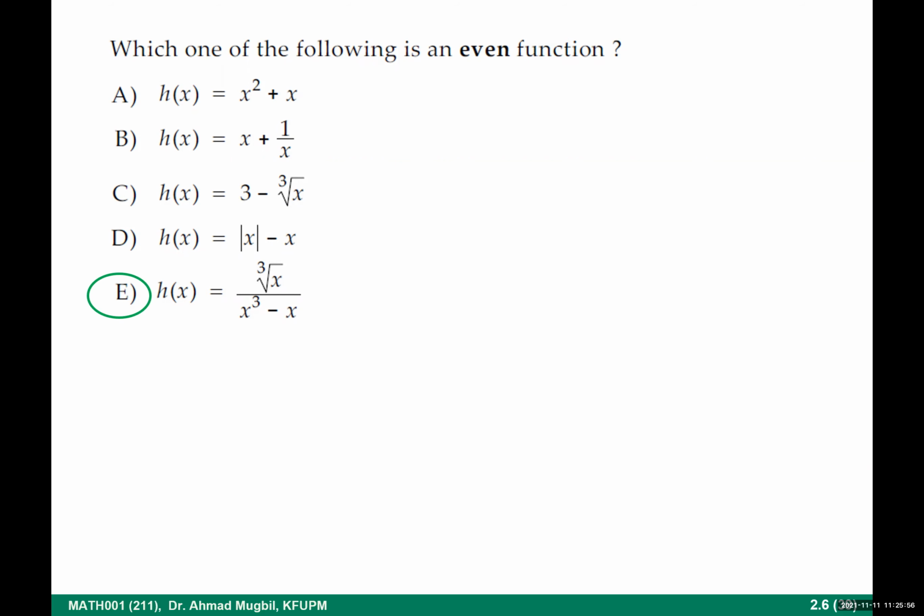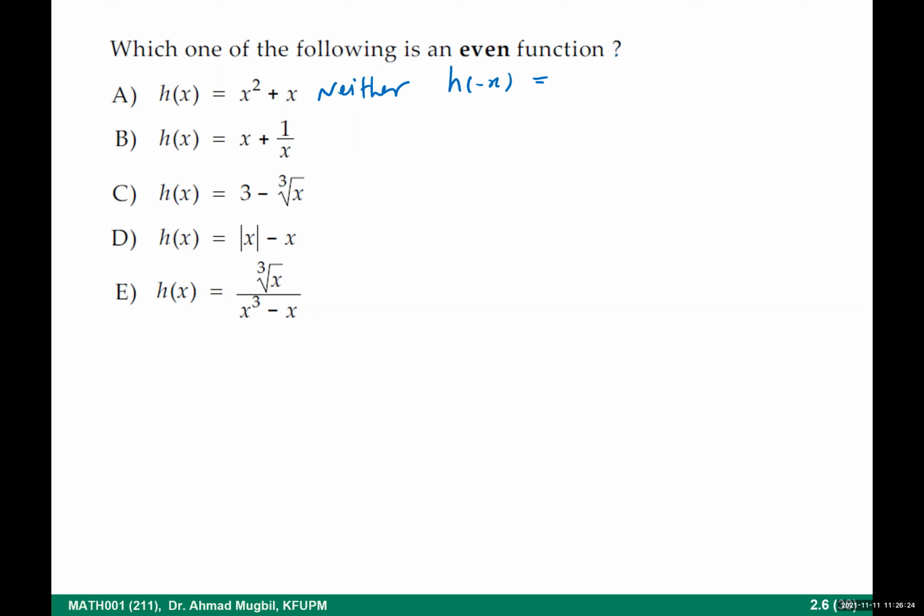The first one is what? Neither. How to show that? The square will remain. This is neither, because this is x squared, and you have x here. h of negative x will be x squared minus x. I didn't do it in detail because it is clear for you that you will replace x by negative x.